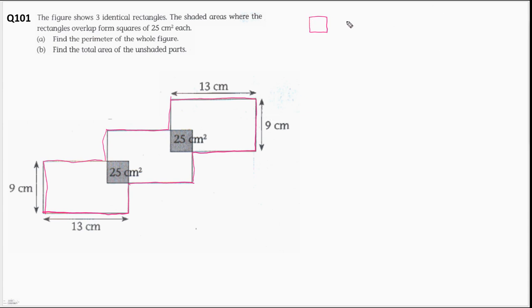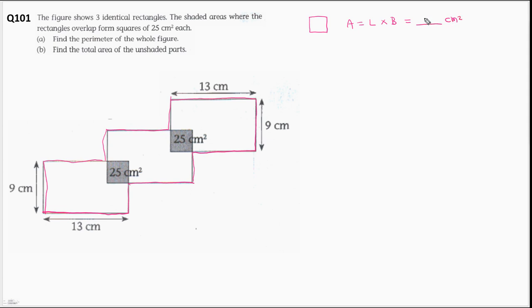And the area of a square is length times breadth. Okay, so area equals length times breadth. And if it's in centimeters, it's going to give you an answer in centimeters squared.